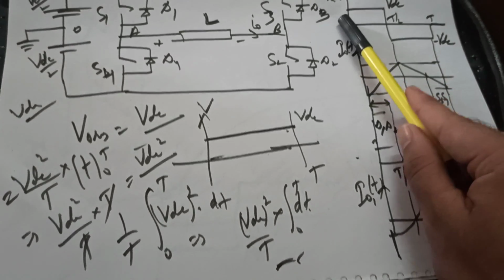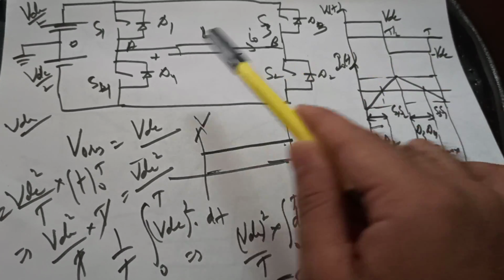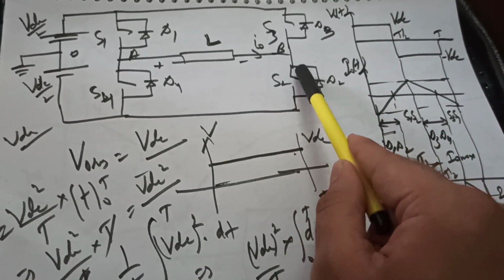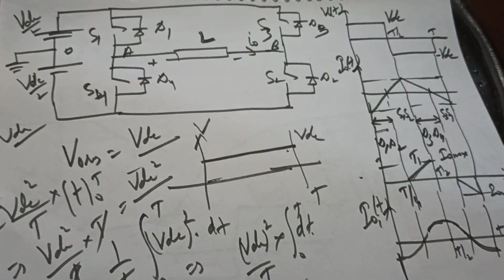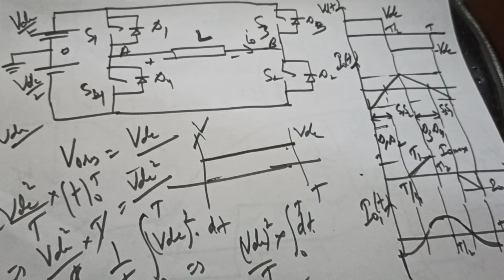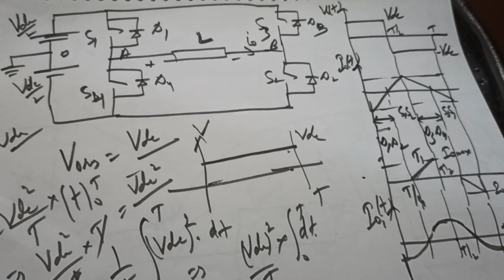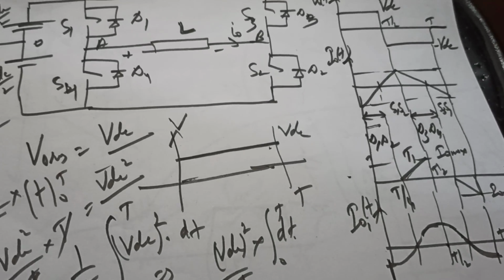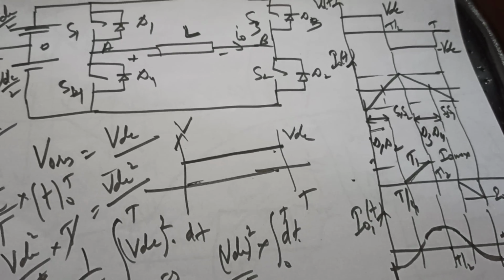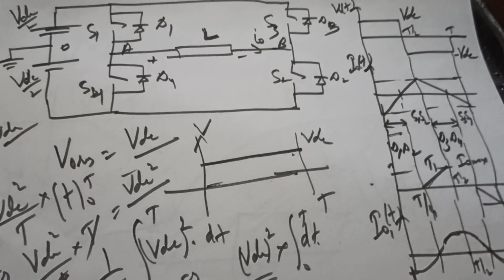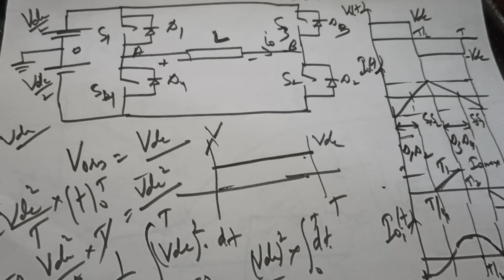When the voltage is positive and the current is positive, it means this terminal A gets connected to plus VDC by 2 and B gets connected to minus VDC by 2, and the direction of current is positive. Then obviously S1 and S2 have to conduct. I think till this part there is no doubt. Okay, everything is clear, and if this is clear, then I can straight away move to the other part.